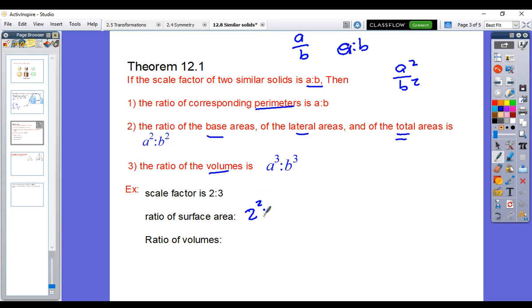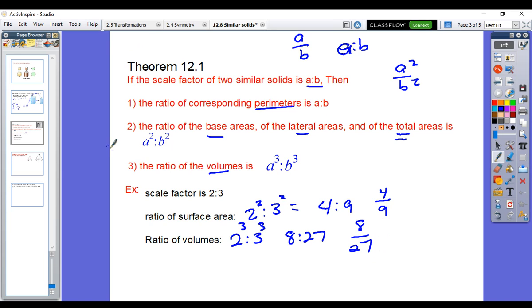So 2 squared colon 3 squared. When we do that, we get 4 to 9, or you can write it as 4/9. Now, when we do the ratio for volume, we take that same original scale factor, our 2 to 3, and we cube them. So 2 cubed, 3 cubed becomes 8 to 27, or you can write it as 8/27.